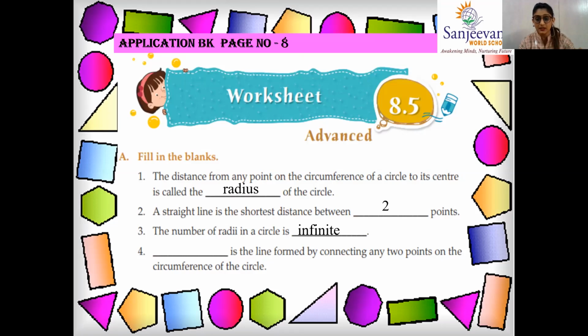There are infinite radii in a circle. Then the fourth one, dash is the line formed by connecting any 2 points on the circumference of the circle. Chord. Any 2 points on the circle and then you join them, it is called a chord. Now over here I would just like to tell you, diameter is the longest chord in the circle.